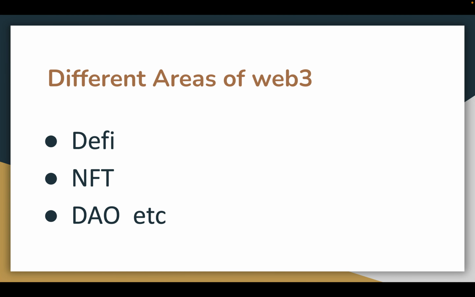The centralized system calls for a middleman, which decentralized finance tries to mitigate or override. You don't have to think about the middleman. You don't worry about who is in the middle. It's a trustless system. You don't have anybody to trust, and it can be very risky too.